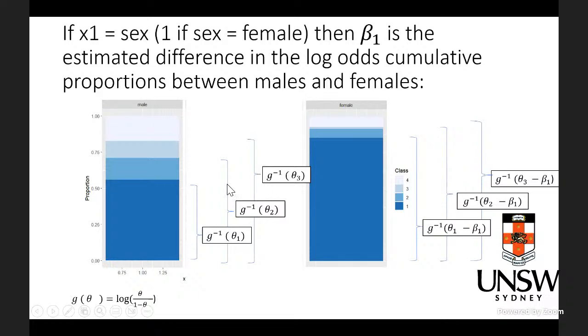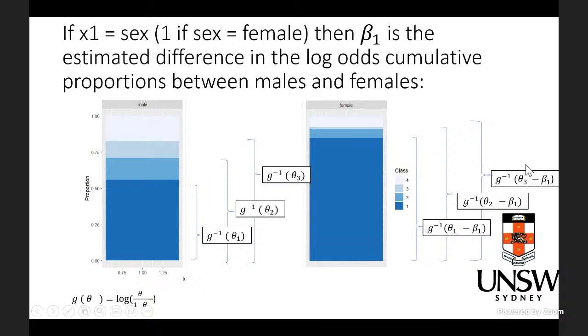In class 2, you go from this height of cumulative proportion up to here, also given by beta 1. And for class 3, the probability of being in class 3 or lower increases here also by beta 1.